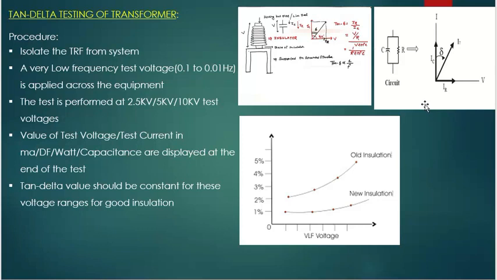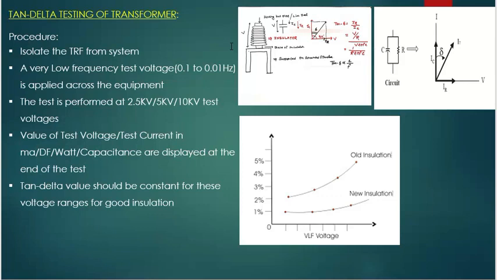This is basically a low frequency test. To perform this test, the transformer is isolated from the system. The tan delta test kit should be connected as per the test kit drawing. The HV lead of the tan delta test kit will be connected to the transformer bushing, and the return cable of the kit will be connected to the bushing tan delta point in case of tan delta measurement of a transformer bushing.